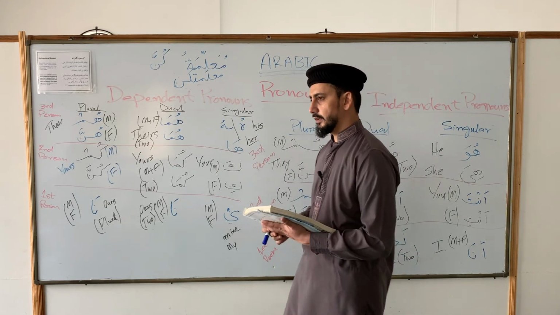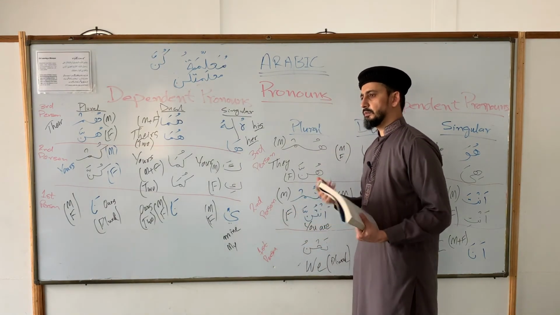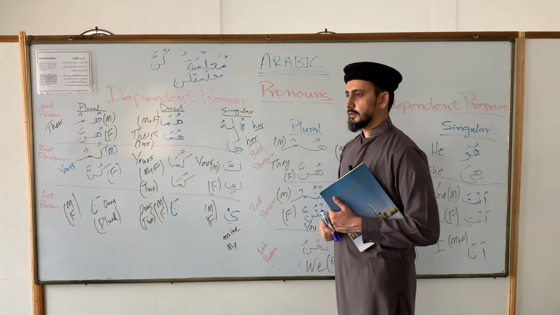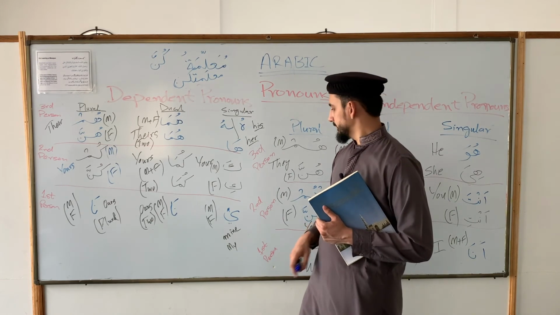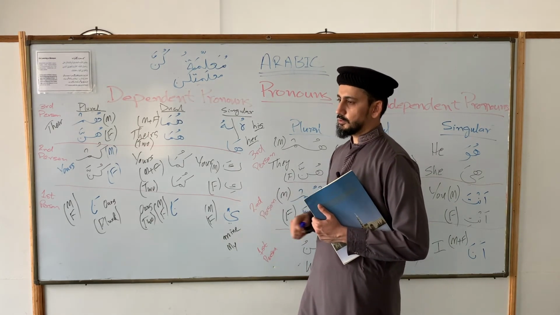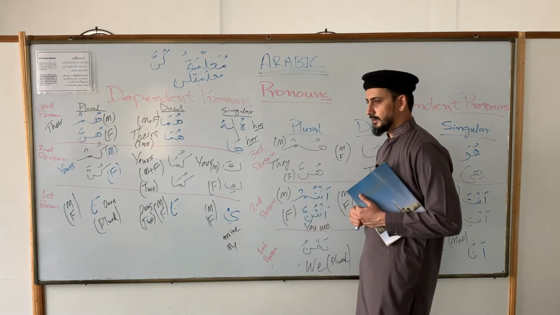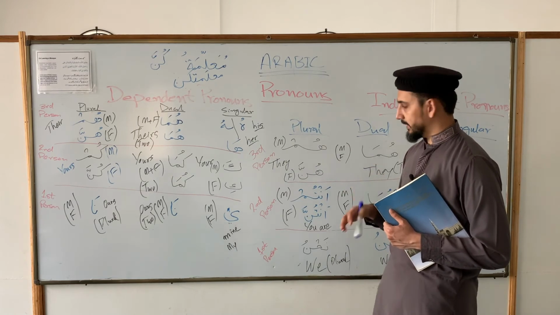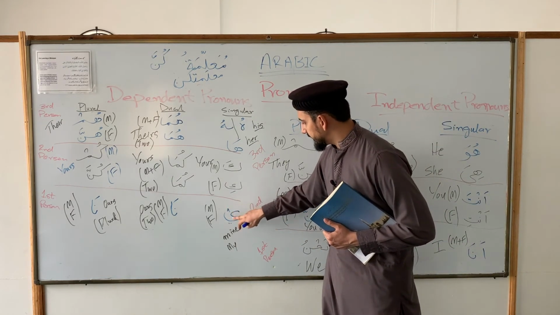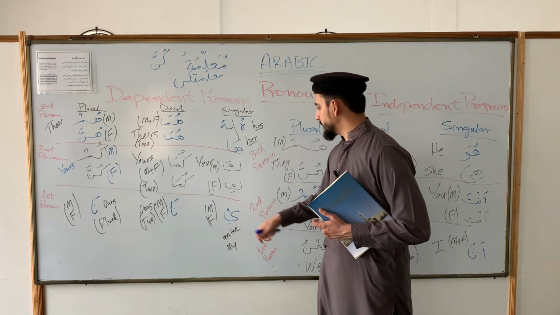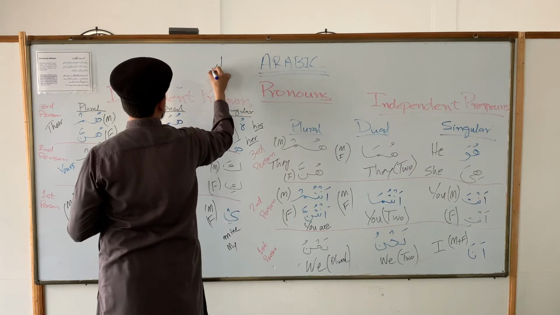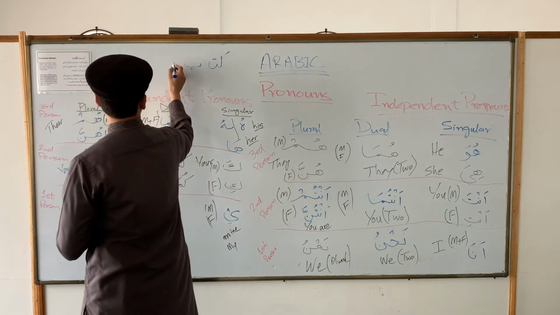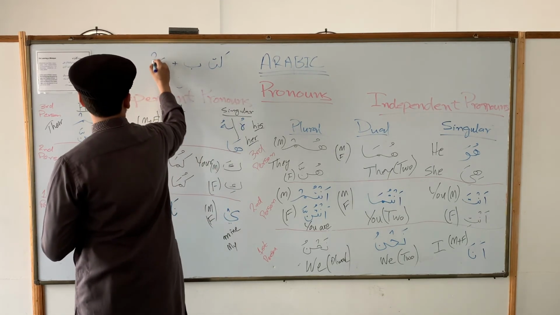Okay, let me ask you, if I want to say my book, what would you say? My book. So how would you join with kitab? Kitabi. This has jazm. So you have to use, for example, this is kitabu. So you would join with ya.